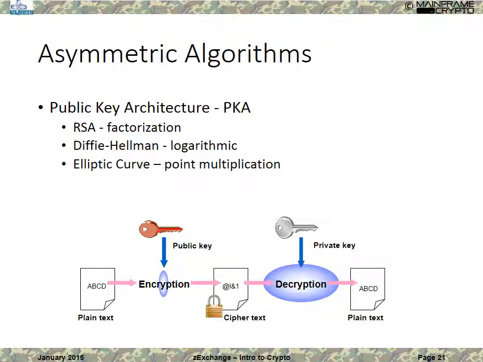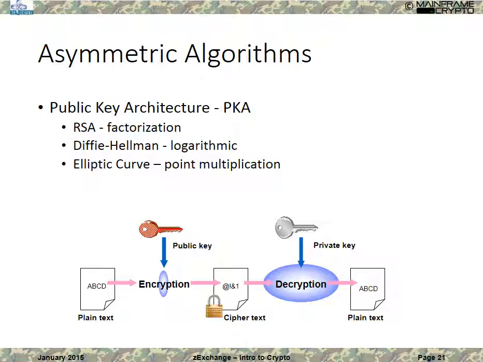There are basically three types of public-private key algorithms or asymmetric algorithms, and all three of these rely on what are called trapdoor functions. By trapdoor, what we mean is it's very easy to perform a calculation in one direction, but it's very difficult or very expensive to reverse that process. So RSA encryption relies on factorization. It's very easy to multiply two numbers together and come up with a product.